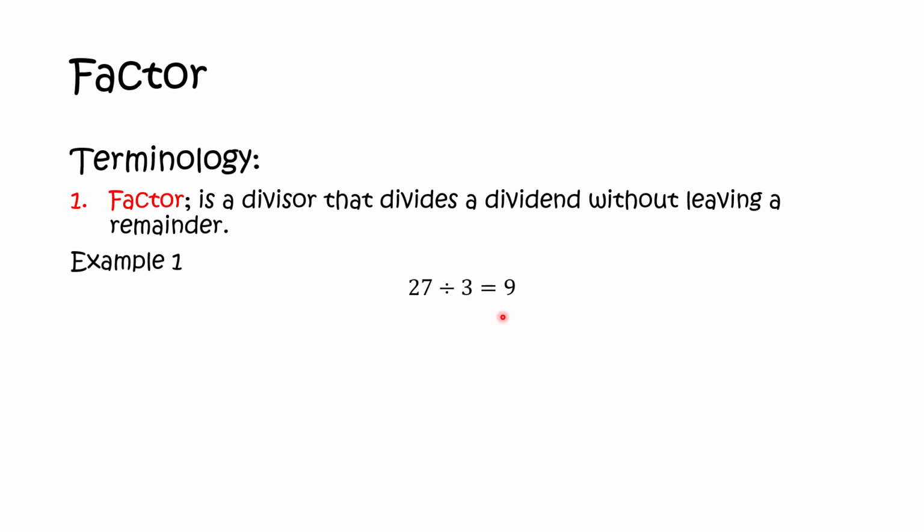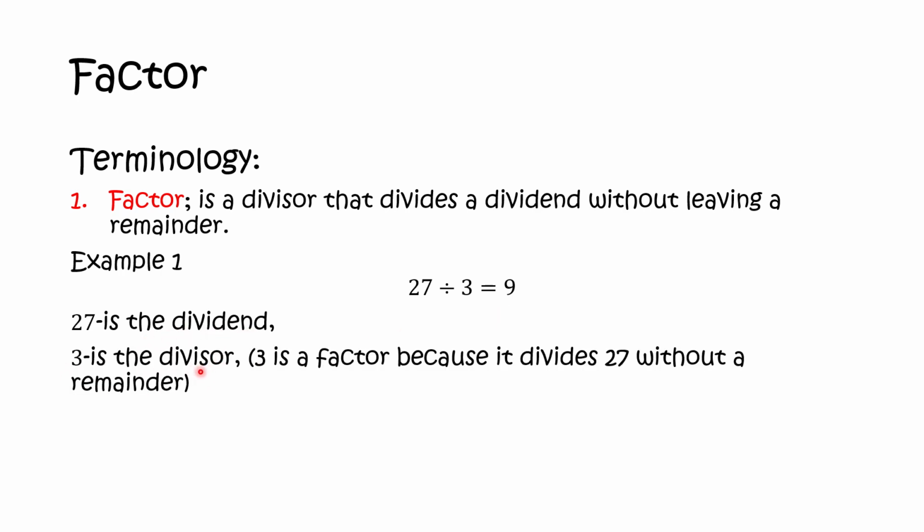The answer is 9. So in this case, 27 is the dividend, 3 is the divisor, and this divisor is a factor. Why? Because it divides into 27 without leaving a remainder. Then 9, which was the answer, is referred to as the quotient.